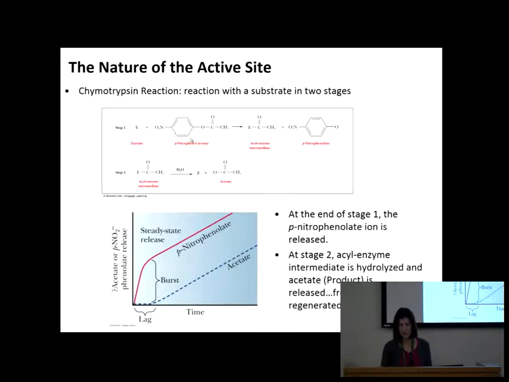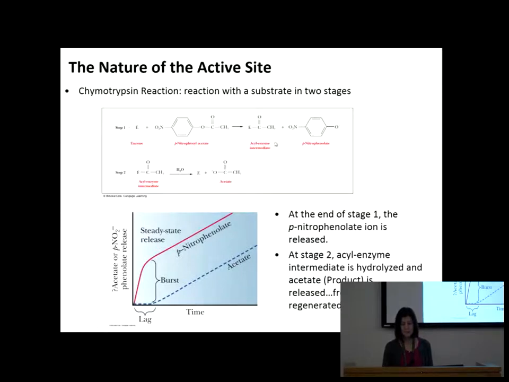So it does a good job, and our enzyme chymotrypsin does work to cleave that. So what they did is they used it as a model, and they found that the mechanism by which chymotrypsin works to cleave this ester bond is a two-step process.